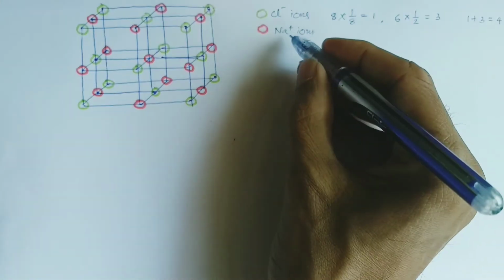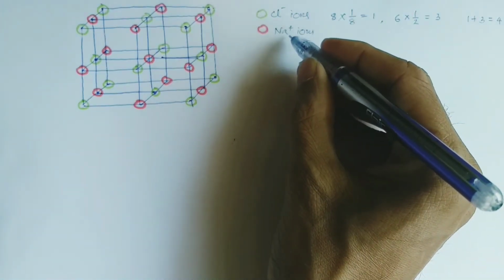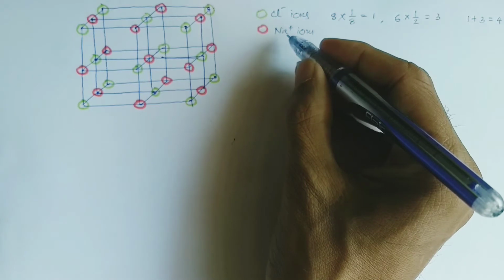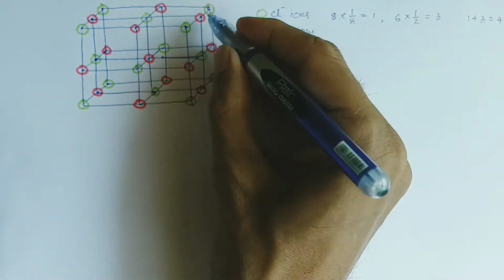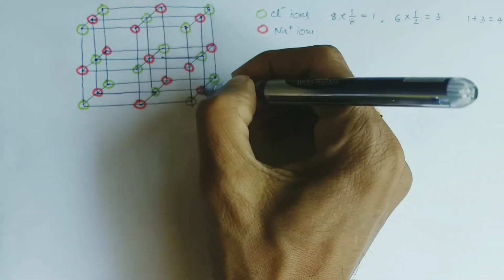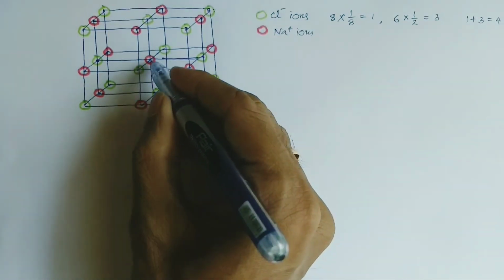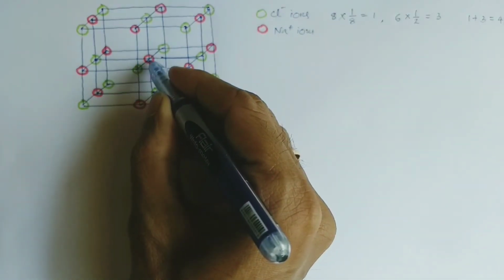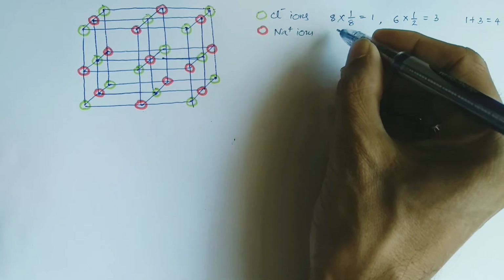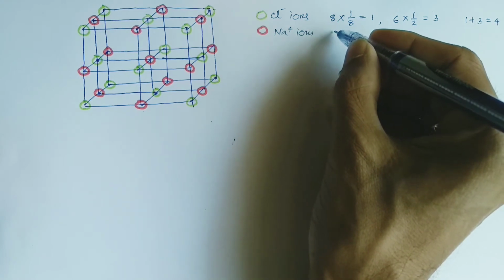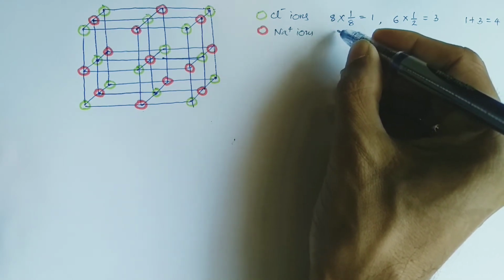Right? Similarly, if you take Na+ ions, they are present on the edges and on the body center. Okay, the contribution at the body centered position will be equal to 1.